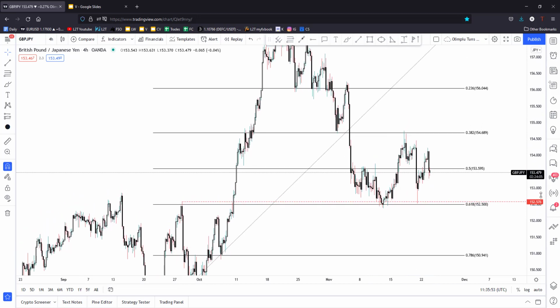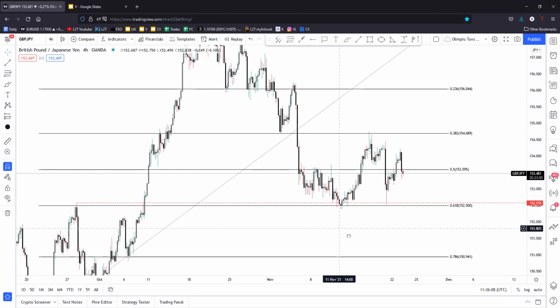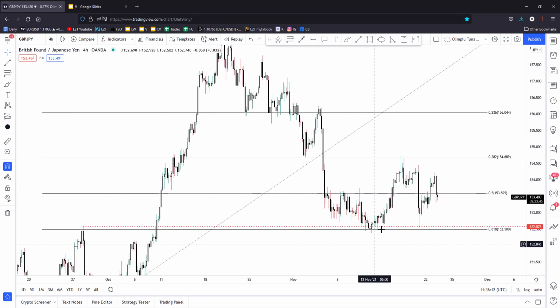But you can also see here that we had a key level, 152.57, right? So maybe from here, after this downside correction, you wanted to go long, so you needed strong confirmation, a bullish pattern or something, before considering going long here.